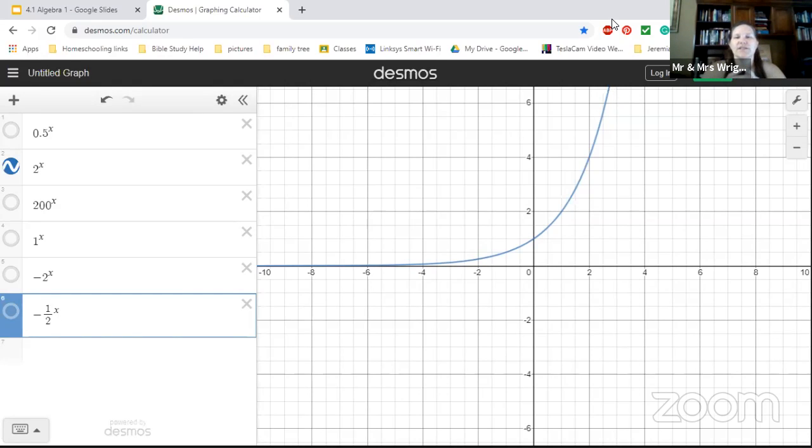Some things that increase exponentially could be your interest that you gain in a checking or savings account. Checking accounts usually don't have interest these days, but a savings account, a money market account. Also, the fees that you pay on a credit card can increase exponentially because they charge interest rates if you carry a balance, right? So these are ways that it can increase exponentially.